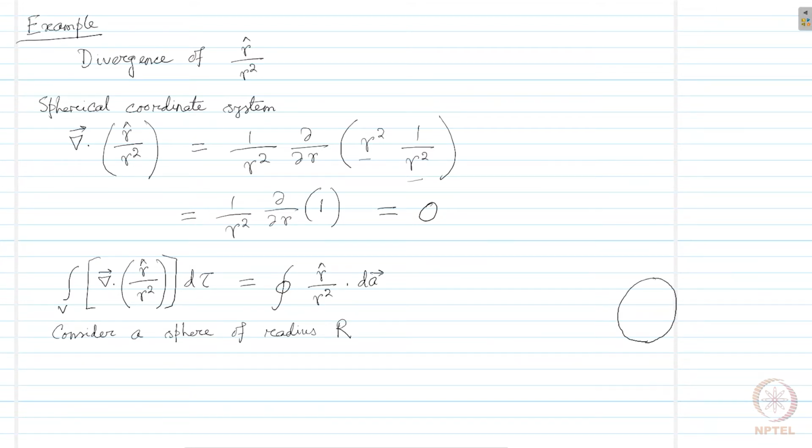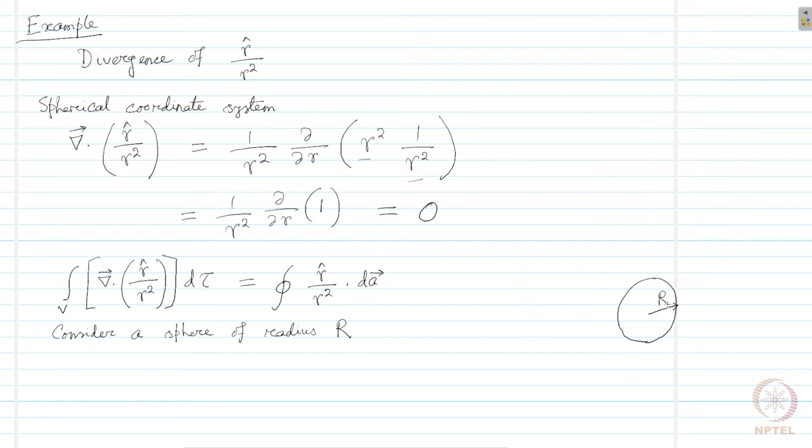We have this kind of a sphere, the radius is capital R, and we will perform these two integrals over that surface. Now, we have already calculated the divergence of this vector to be 0, so we know that the volume integral is going to be 0. Now, we have to calculate the surface integral.